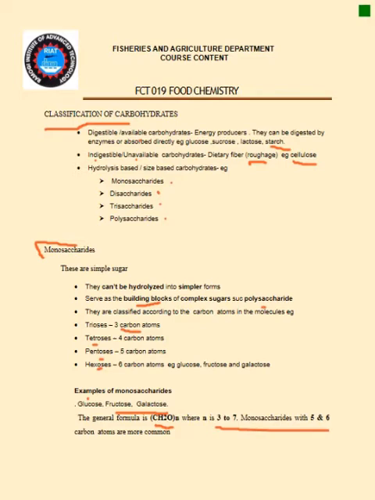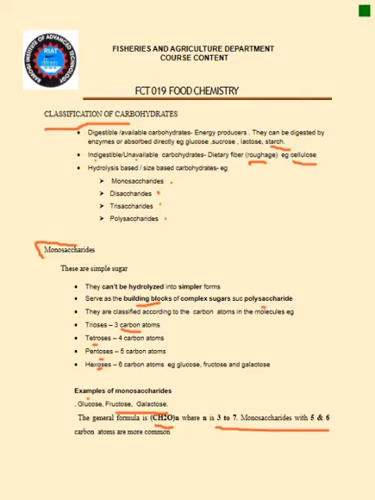For example, if you want a disaccharide, you add 2 molecules of monosaccharides, and 1 molecule of a monosaccharide is called a monomer. So you add 2 monomers to get a disaccharide through a process known as condensation. In simple terms, they serve as building blocks for complex sugars such as polysaccharides.